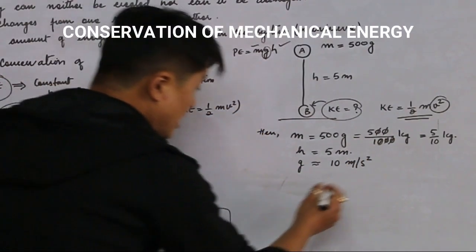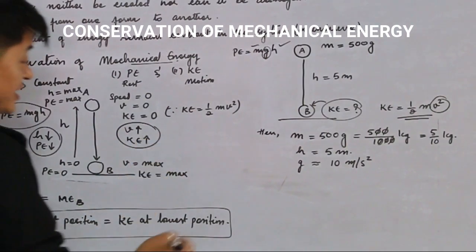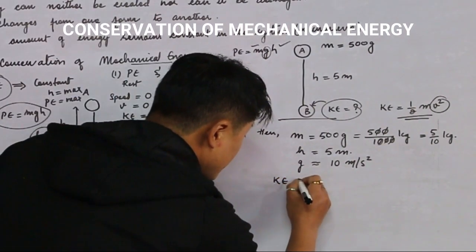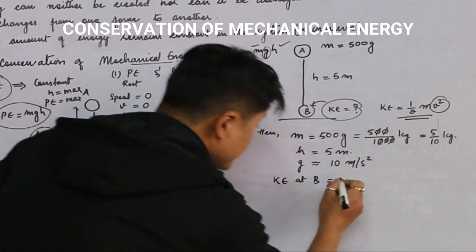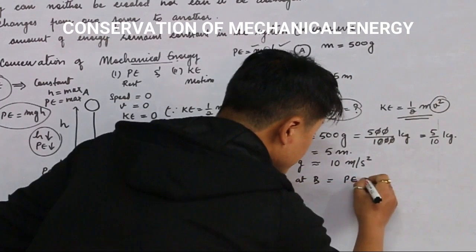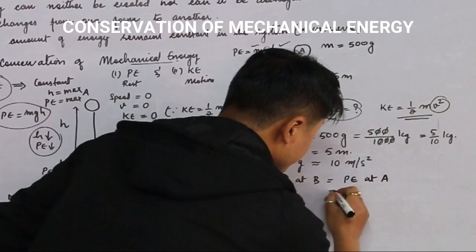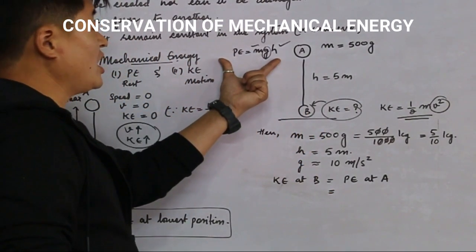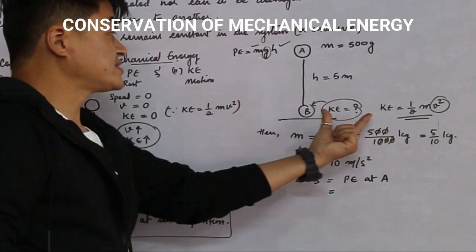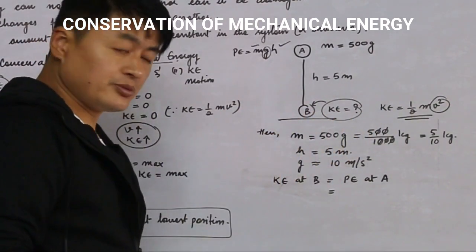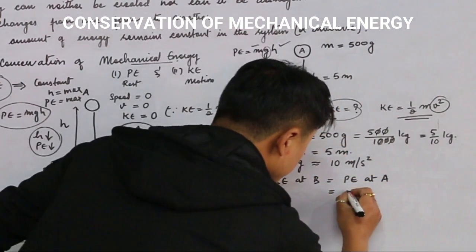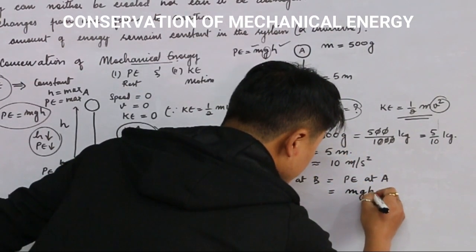Now by the conservation of mechanical energy we can write kinetic energy at B is equal to potential energy at A, since kinetic energy at its lowest point is equal to potential energy at the highest point. So potential energy at A will be mgh.